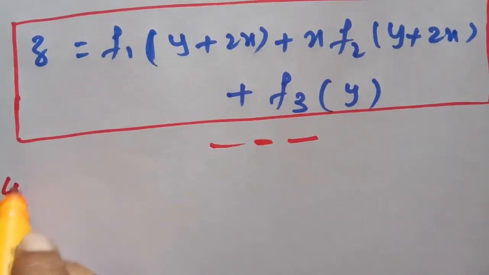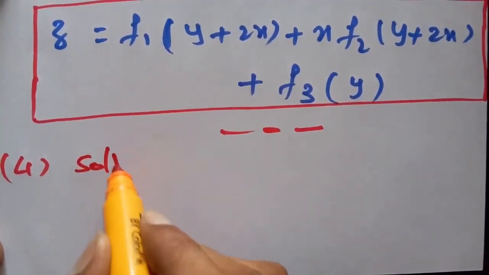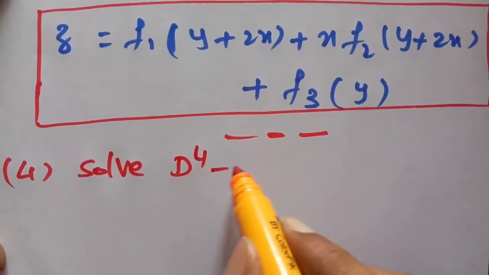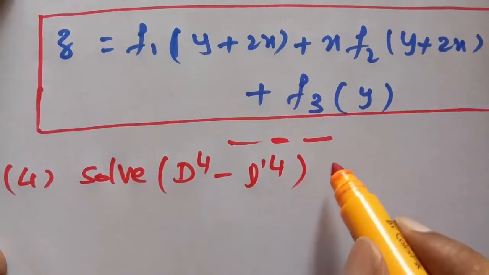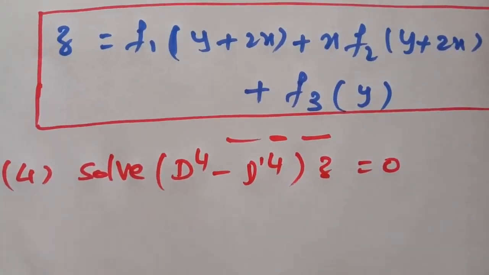Now problem number 4. Fourth one, solve (D power 4 minus D dash power 4) into z is equal to 0. Now write down the given equation first.